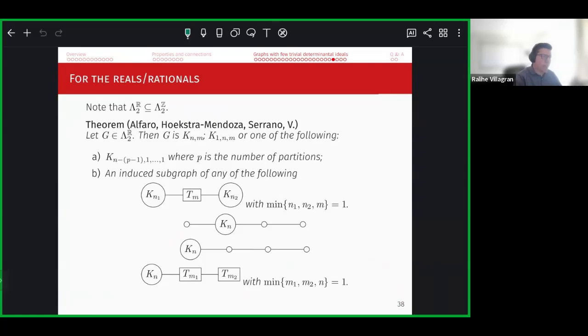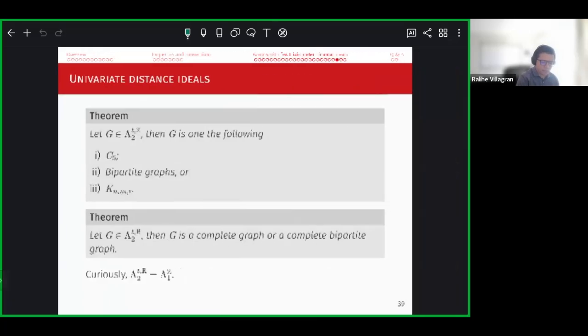So what we do is actually compute a third distance ideal over the reals. But there are some tools that can help us in this case to make things easier. And if we go to univariate distance ideals, we can also find a characterization, which is easier.